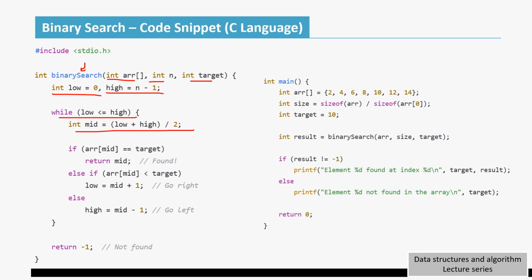Mid equals low plus high by 2. And the same if-else block is there, right? So you just go through the binary search method. I'm confident that you will understand this code after reading it. If you still do not understand, comment below. I will make another video to explain this binary search.